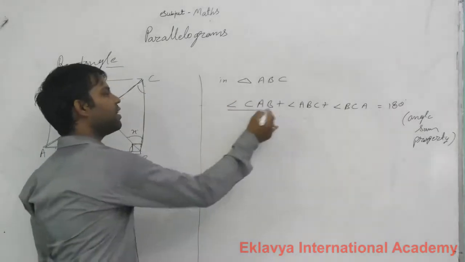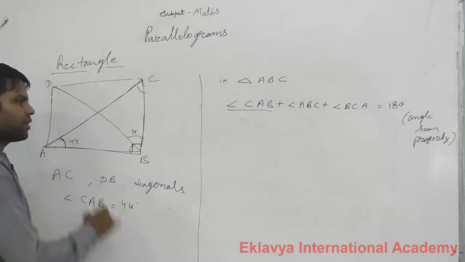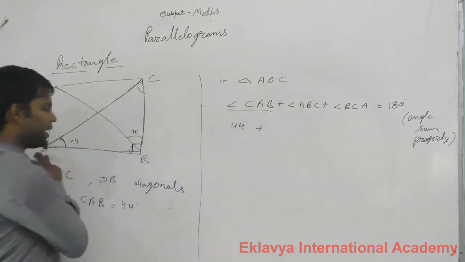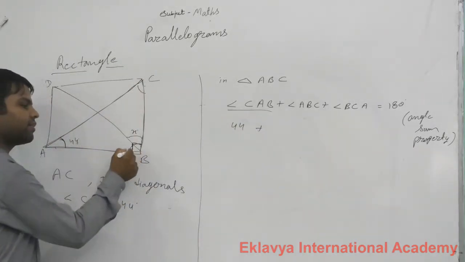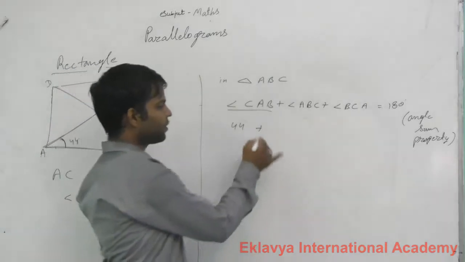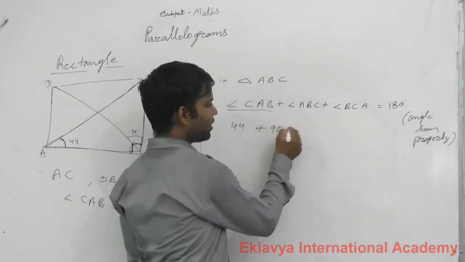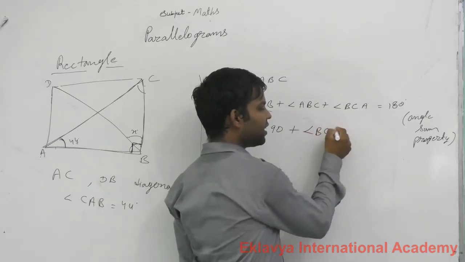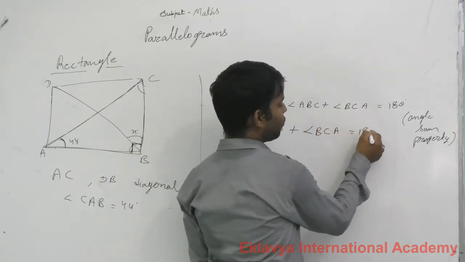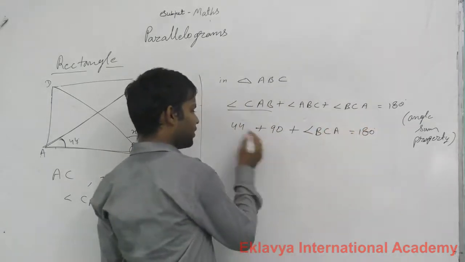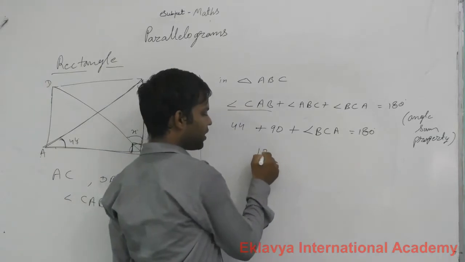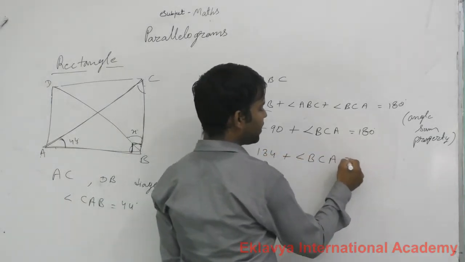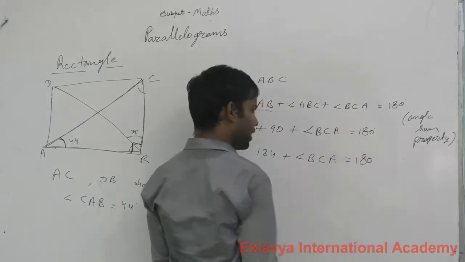So angle CAB is given as how much? 44 degrees, plus angle ABC, which is 90 degrees. So we put in the values of these angles. Next, angle BCA, which is not given, equals 180 degrees. Then 90 plus 44 is 134, plus angle BCA is equal to 180 degrees.